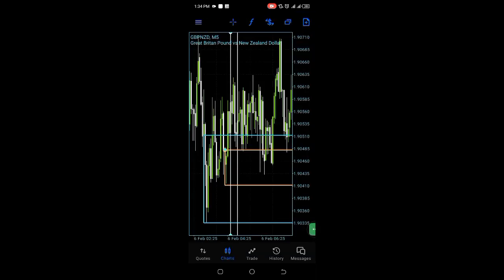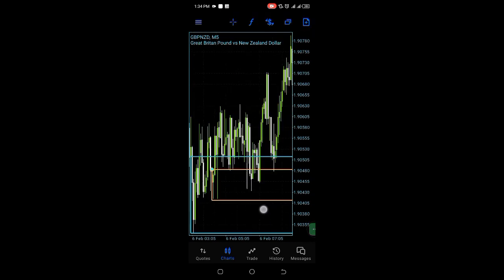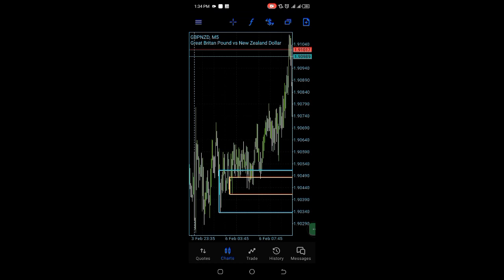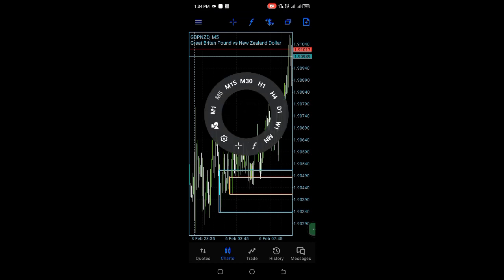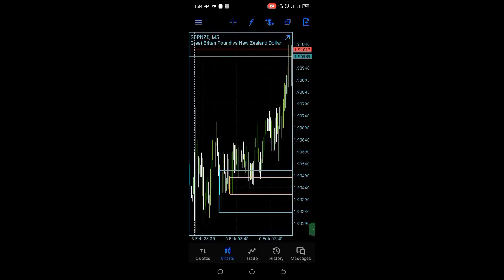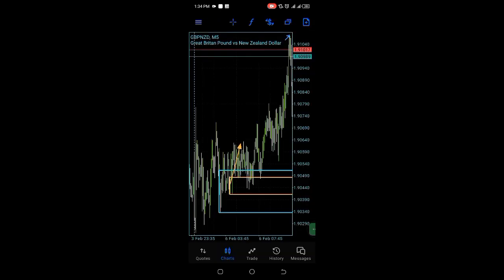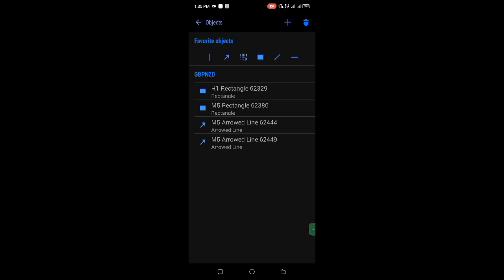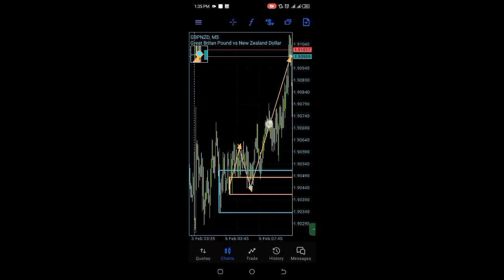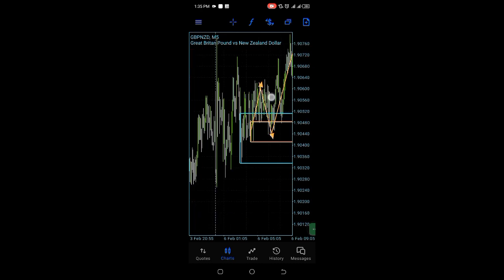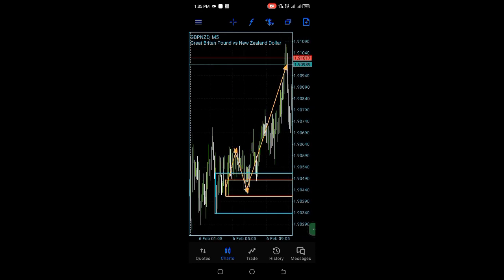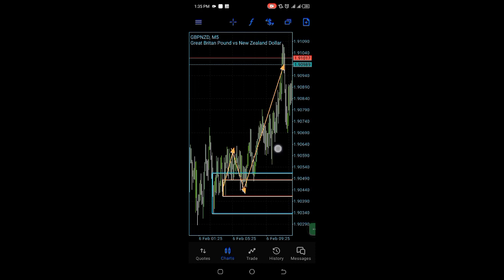Now you can see price came back into that zone at this point, went up, and then we have price coming back into the zone here, and again you see price launching out. This is where we took another entry from.